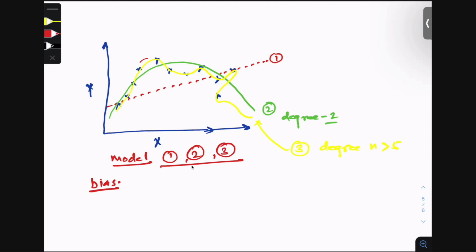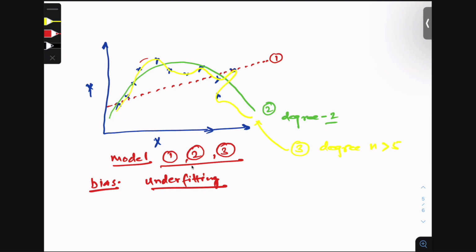My first model is doing underfitting. Why is it doing underfitting? Because it is not capturing the essence or the distribution of the data itself. The data is clearly not linear, but it is trying to fit a simple model on data which is more complex.